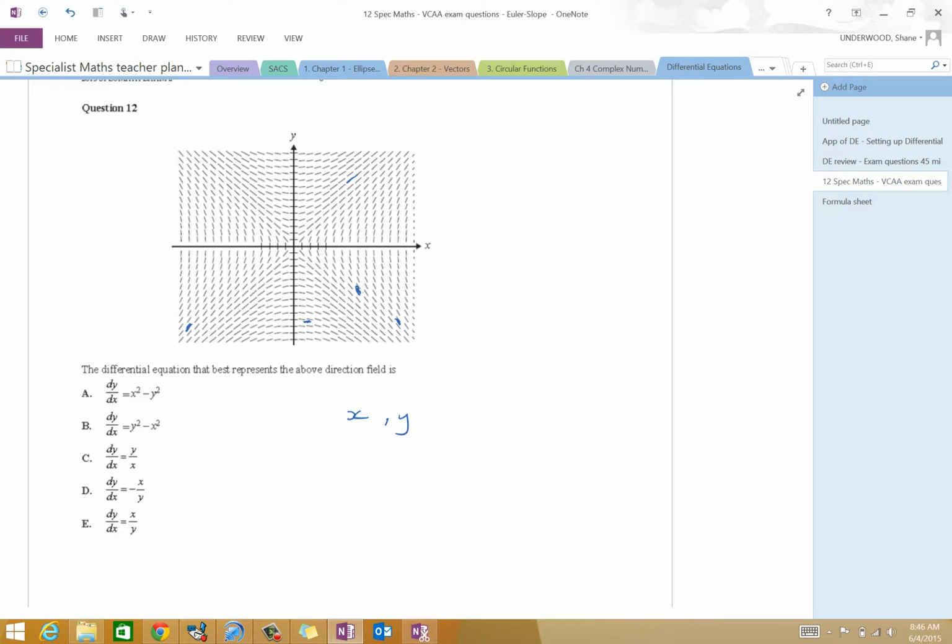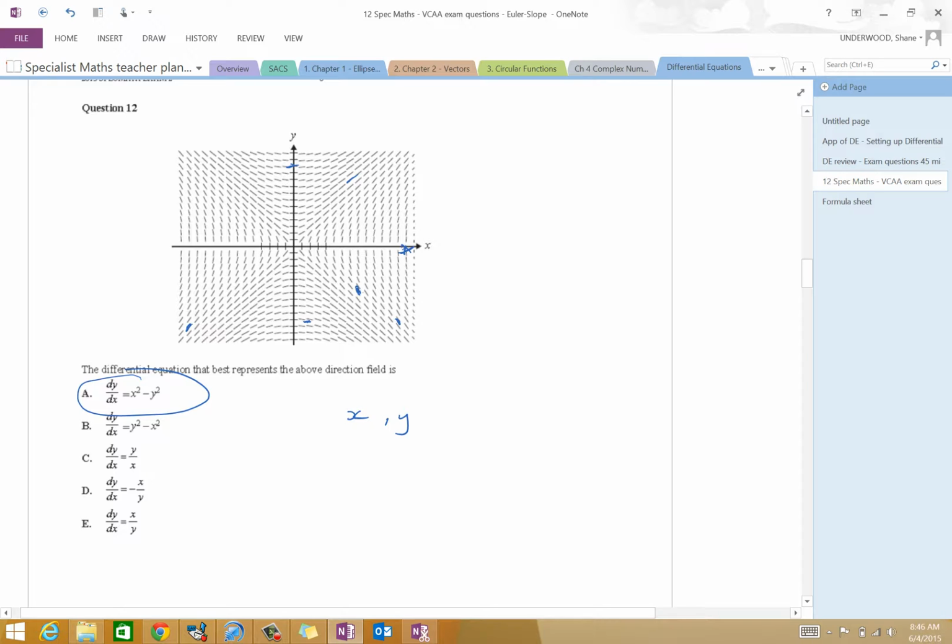Now, let's think about some things. Let's pick, this is dy/dx equals x squared minus y squared. Let's pick a really high x value, say over here, and a really low y value. Or let's say a value over here.